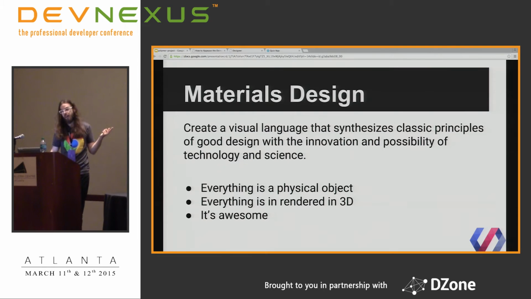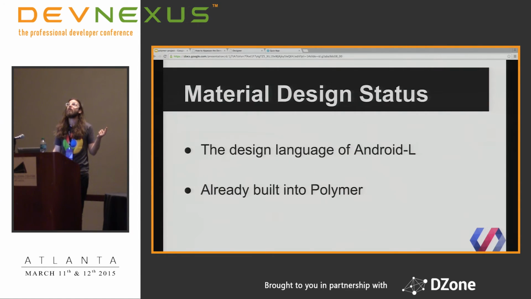So it's in Android L. So it's been in Android since, let's see, that was API 20. So that was experimental then, but it's already built into Polymer. So the paper elements, when I showed you that graph, the stuff that's on the top, the actual elements that you use, how do I say that?